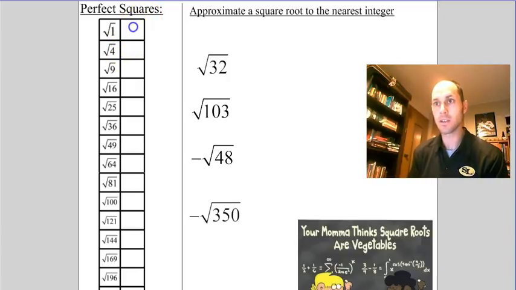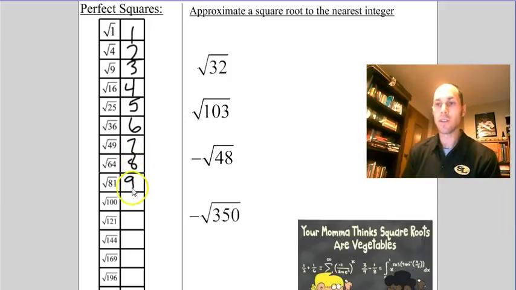So square root of 1 is 1, square root of 4 is 2, square root of 9 is 3, square root of 16 is 4, square root of 25 is 5, square root of 36 is 6, square root of 49 is 7, square root of 64 is 8, square root of 81 is 9.